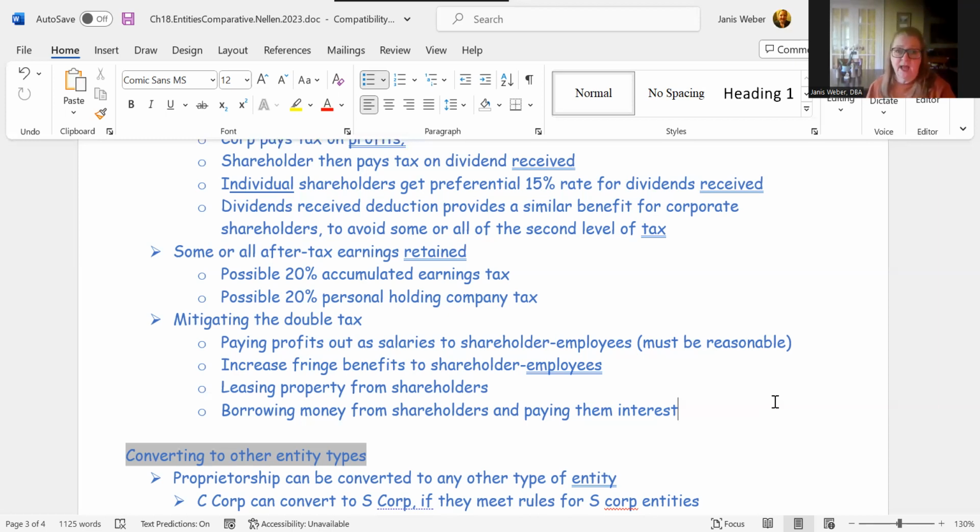Again, it would still have to be accounted for properly, and it would be recorded as an expense to the corporation and a revenue to the individual. But it wouldn't be something that was paid out as a non-deductible dividend, and then still had to be shown as income to the shareholder. So anyway, that's just some ways to try to get around that. Legitimate ways to try to get around that double taxation.